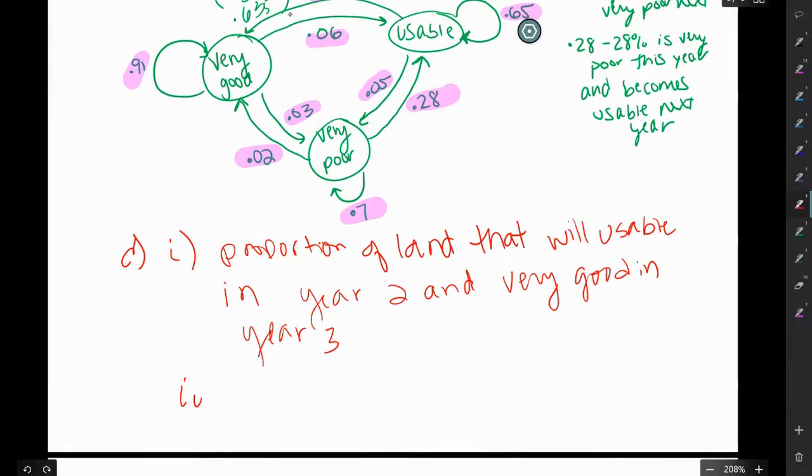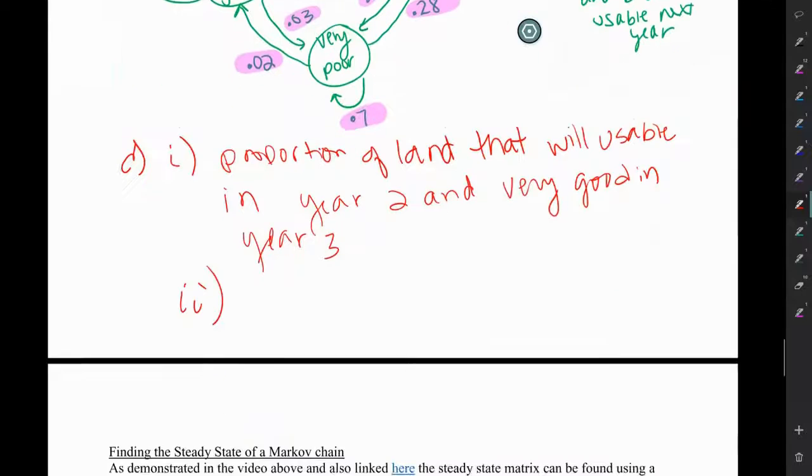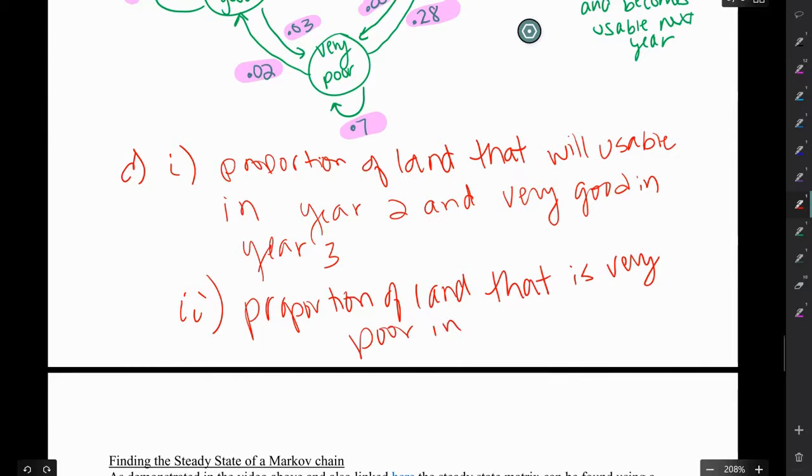And then row 3, column 3 was the proportion of land that is very poor in year 2 and year 3.